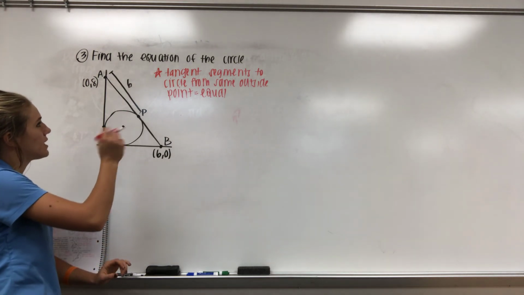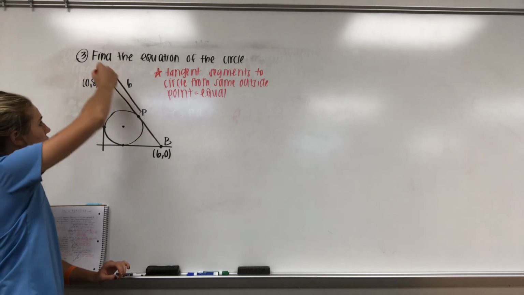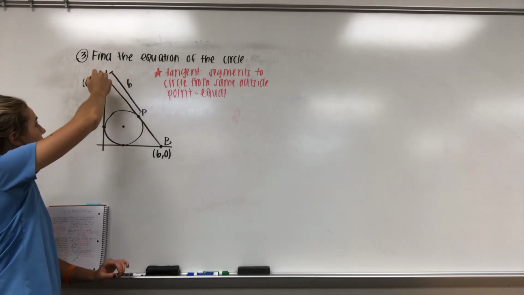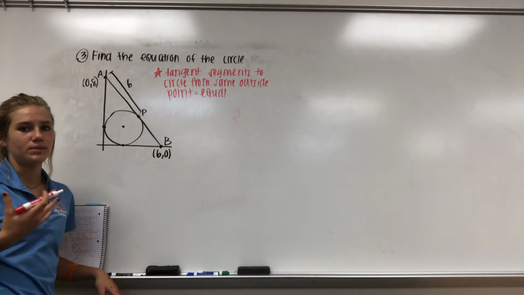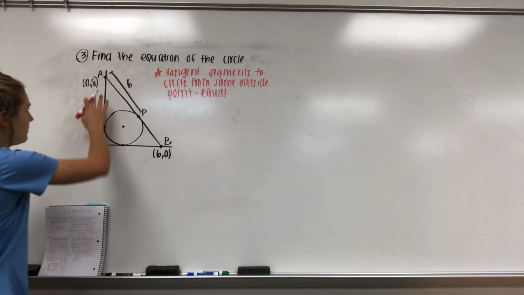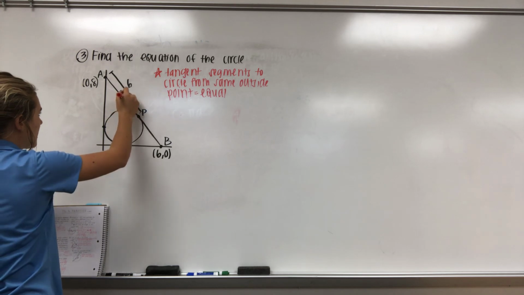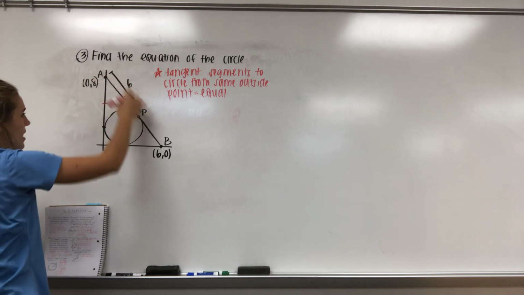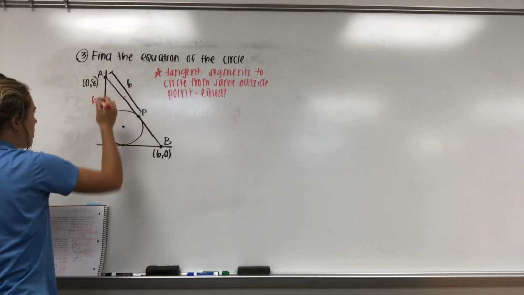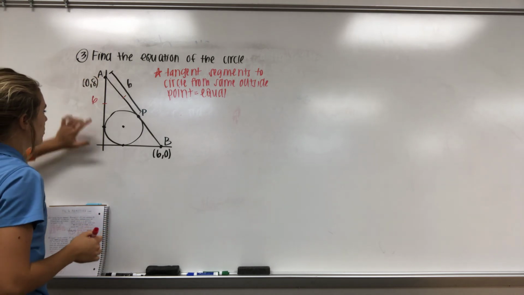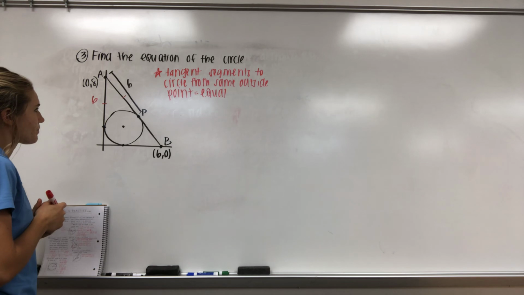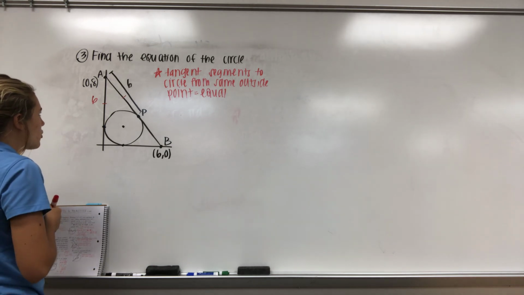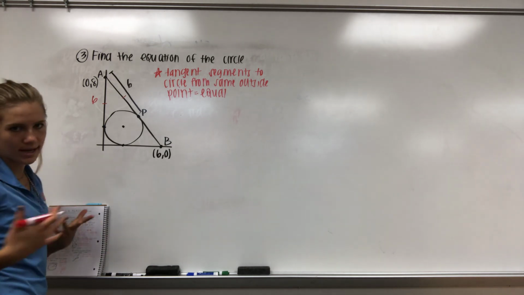We have two tangent segments, this one and this one, both spanning from that same point A. Since they are tangent to the circle and come from the same point, they have the same length. So we know that AP is 6, so the distance from A to where this circle is tangent here is also 6. Okay, so you might be saying, well, why is that important?